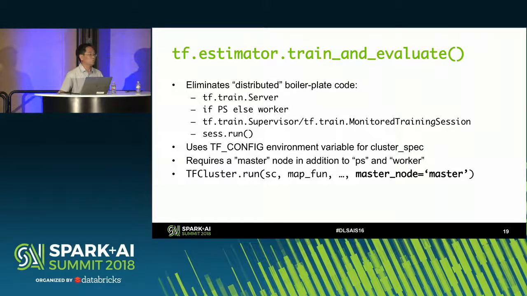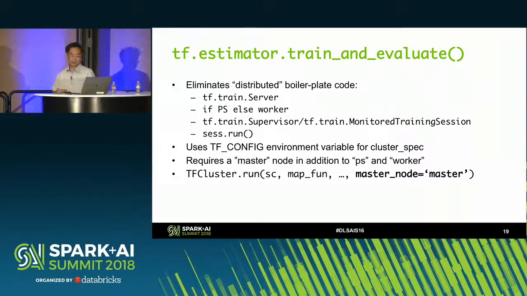And part of the reason why this works is they now take a lot of the cluster spec information that was formerly passed into your Python application, and they require it to be set as an environment variable. So each node will have the environment variable set to the full cluster spec, along with which role it's playing.